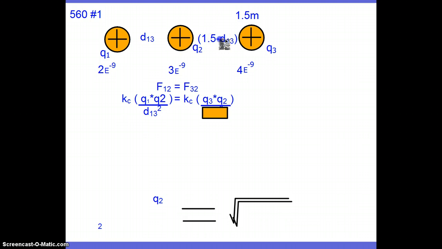Therefore, this goes where that was, because 1.5 meters minus distance 1, 3 is equal to distance 3, 2, and of course that quantity gets squared. Let's pause.